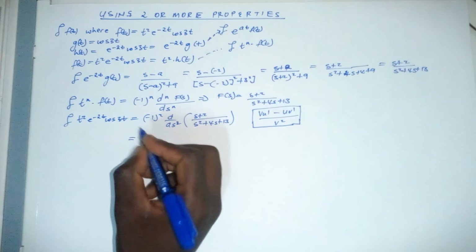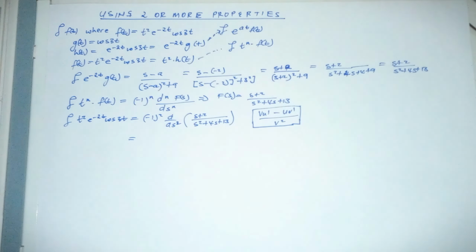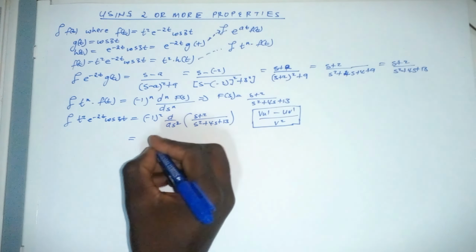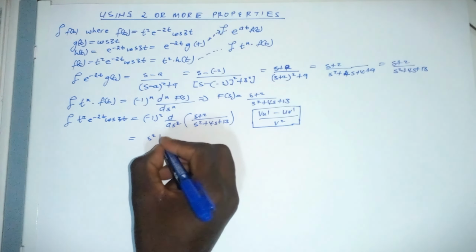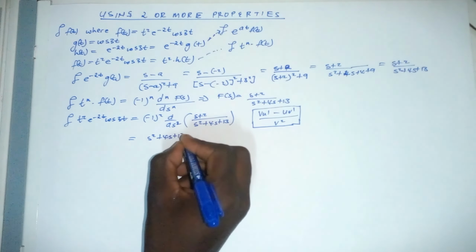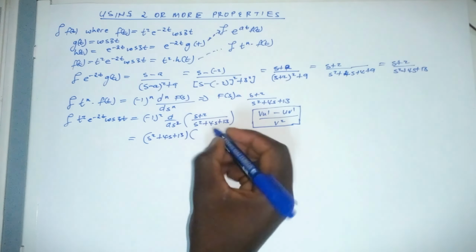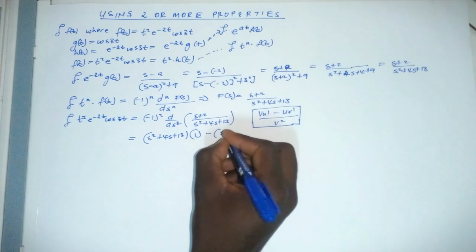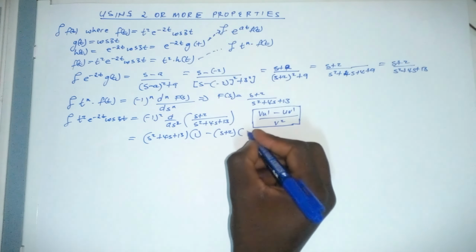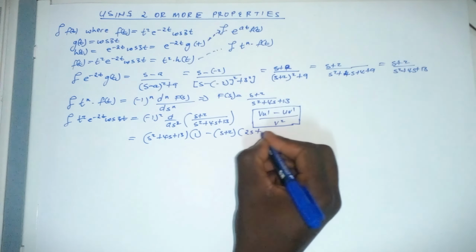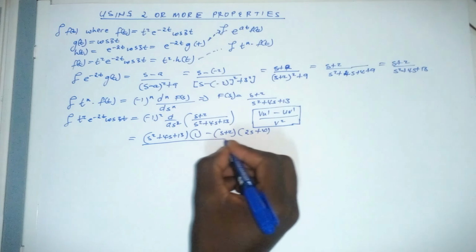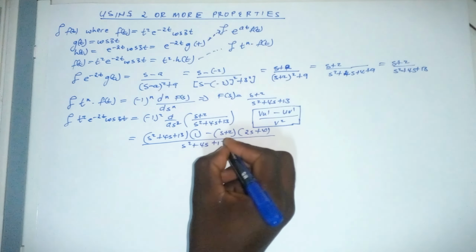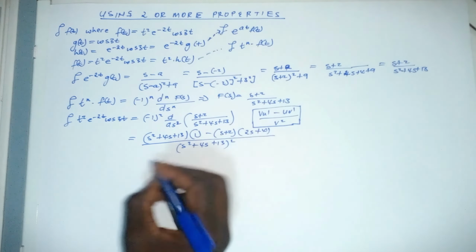Okay, so first of all, for the first derivative, we're going to say v, which is s squared plus 4s plus 13, times the derivative of s plus 2, that's going to give us 1, minus s plus 2 times the derivative of the denominator, which is 2s plus 4, divided by (s squared plus 4s plus 13) squared.